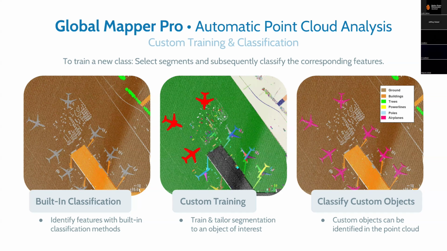So if you look at the second image here in the middle, we're viewing that point cloud now by segment. So I've seen all these segments that make up an airplane. And what I can do is provide a few examples, train a classifier, and then run that custom trained classifier on the entire point cloud and identify the airplanes, the pinkish color, all the way over on the right.